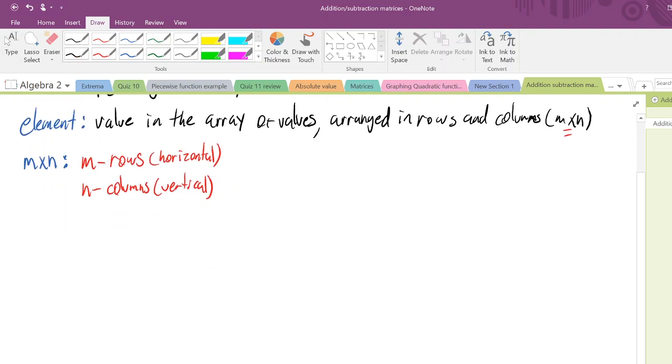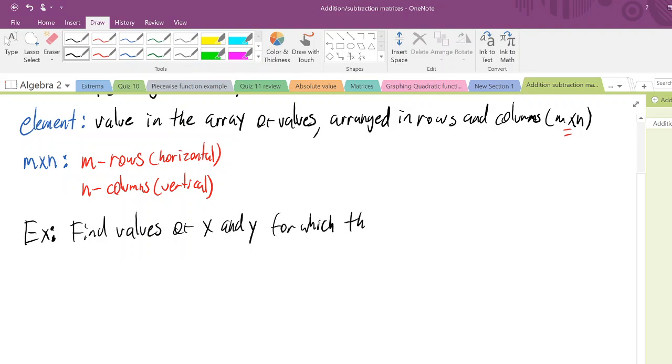So, for example, I know we learn better with examples. Math is more about examples than it is about vocabulary, so I'm going to show you what I mean. Find the values of x and y for which the matrix equation is true.